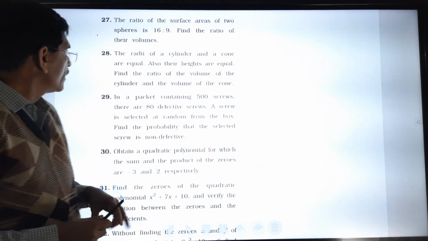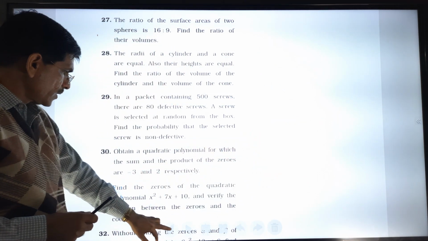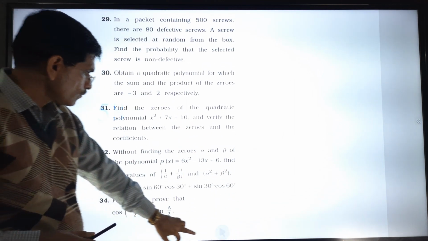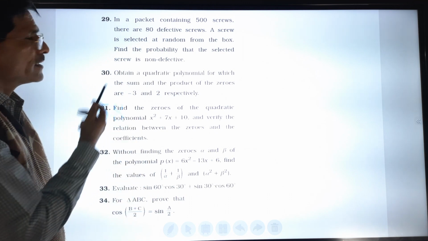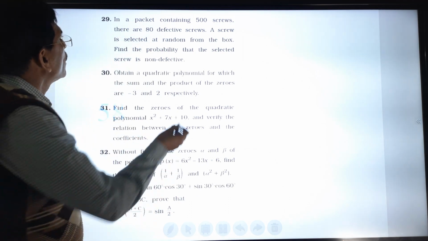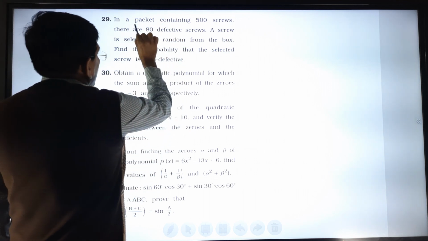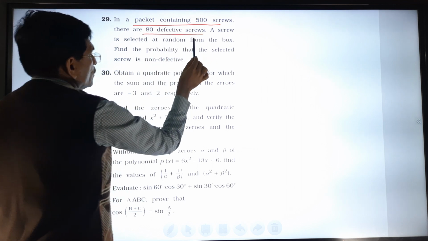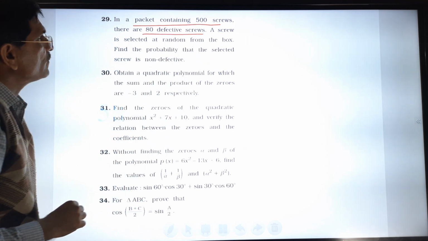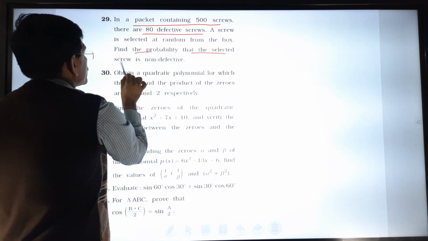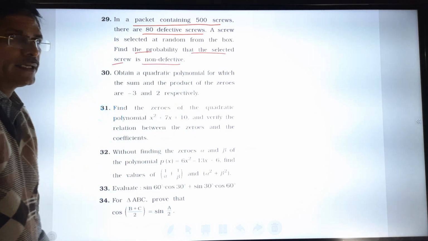Now we go for the next, question number 29. Question number 29 is an easy sum related to chapter number 15. The question is like this: a box contains 500 screws and 80 are defective. A screw is selected at random from the box. Find the probability that the selected screw is non-defective.